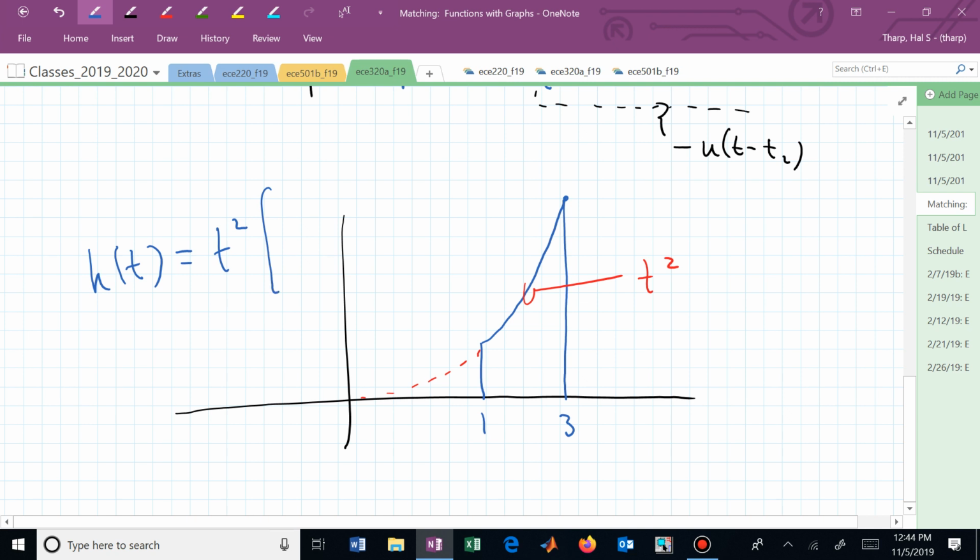You just switch it on between 1 and 3, and you can create a switch with amplitude 1 out of unit steps. You now simply say I have t squared, and now I can switch that on. That's now u of t minus 1 minus u of t minus 3. And that's now that waveform.